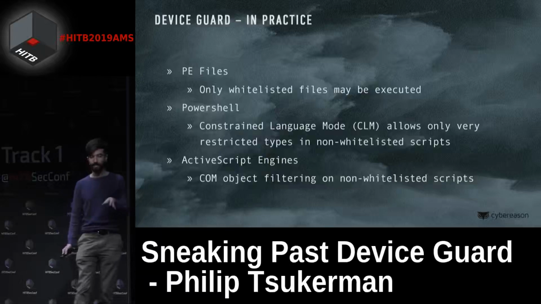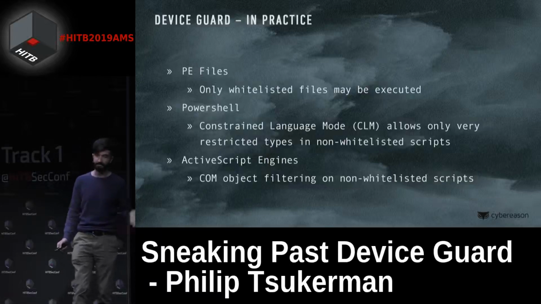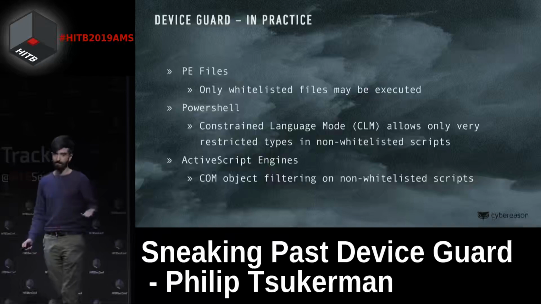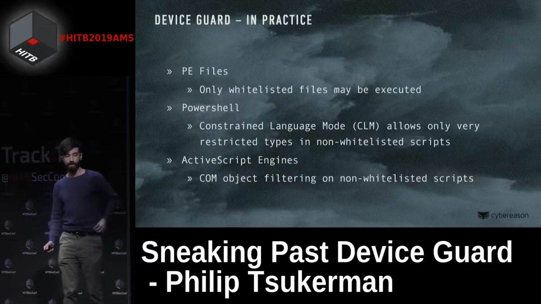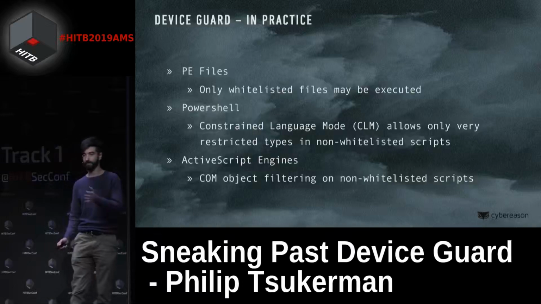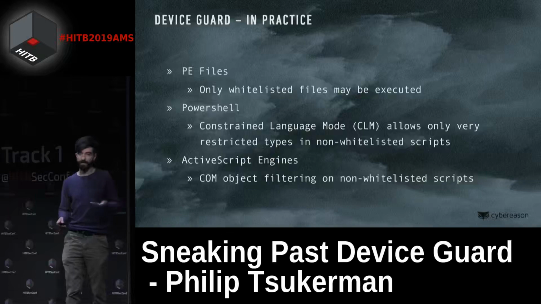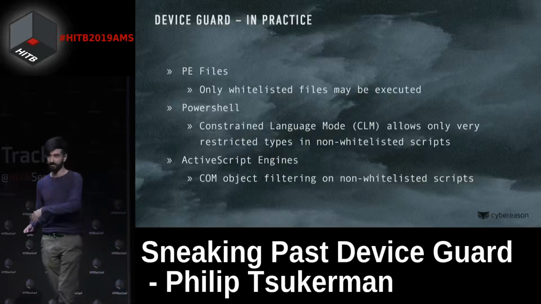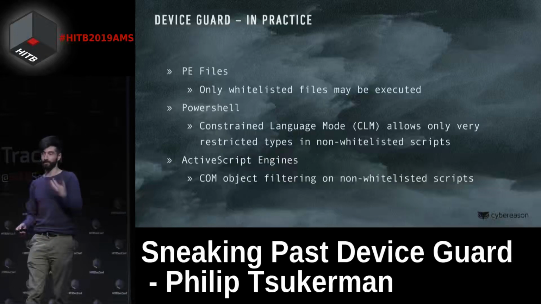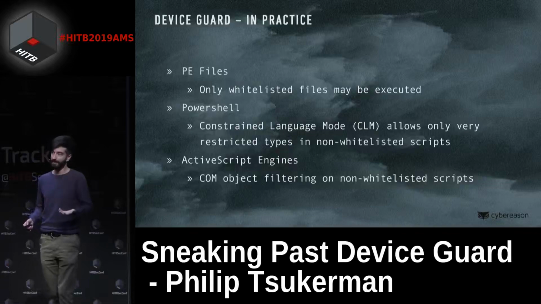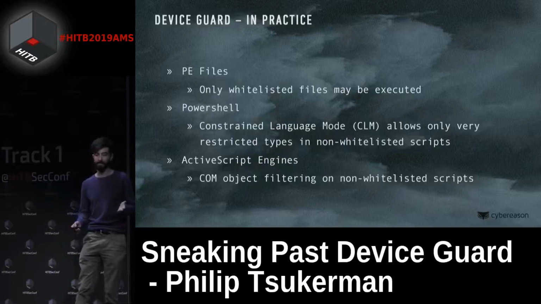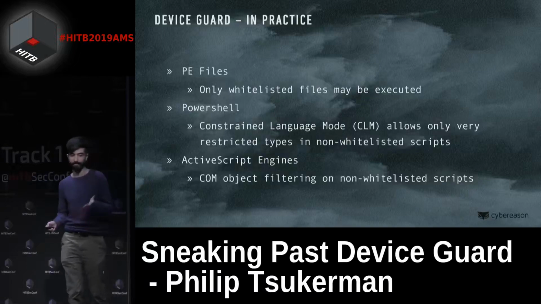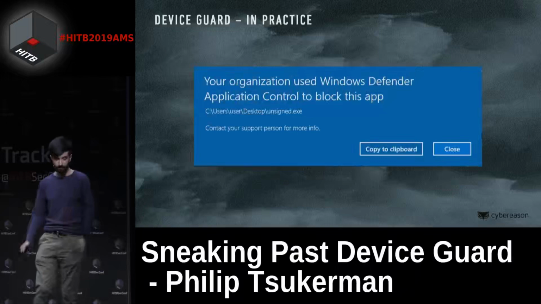The same thing goes with active script engines, which is things like JScript and VBScript. These mostly interact with the underlying operating system using COM objects, which are filtered on non-whitelisting scripts. So you suddenly are only able to use things like regexes and dictionaries instead of the usual offensive capabilities provided by COM objects and things like .NET to JScript.